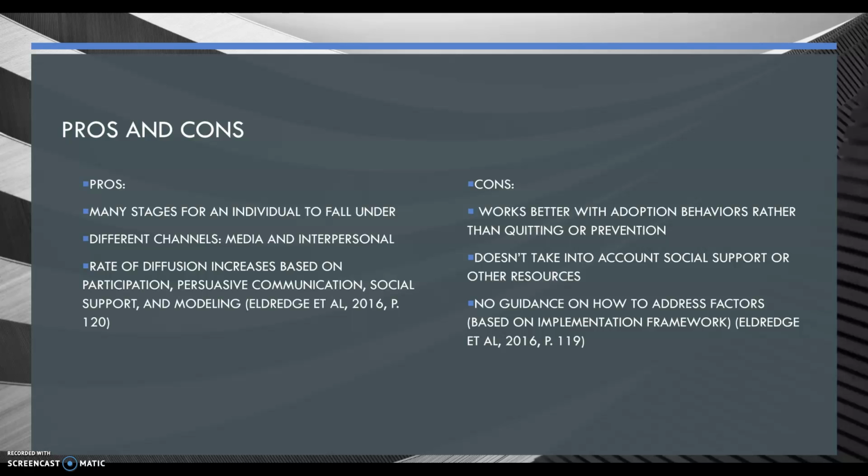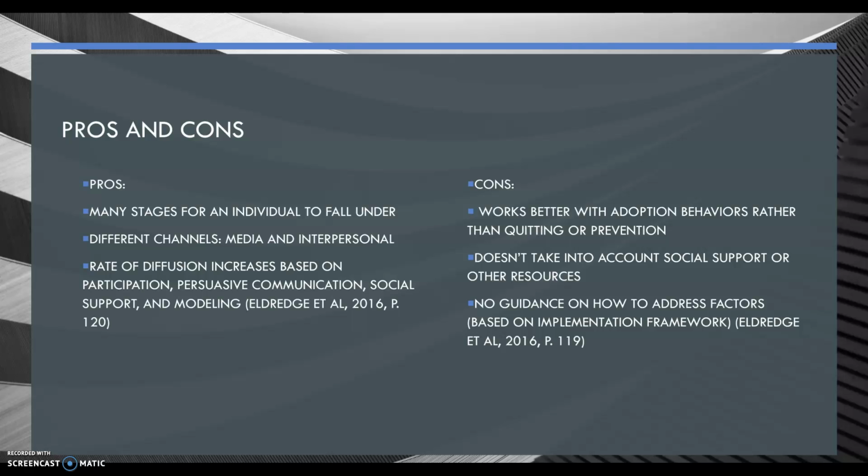There are different channels, so they could be either media or interpersonal communication. Whether you're an early adopter or an innovator, you might use more media, whereas a laggard might use more interpersonal communication because they prefer that face-to-face. There's also the rate of diffusion, which increases based on participation, persuasive communication, and social support and modeling.